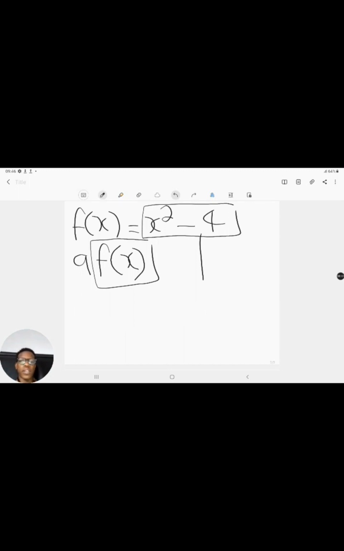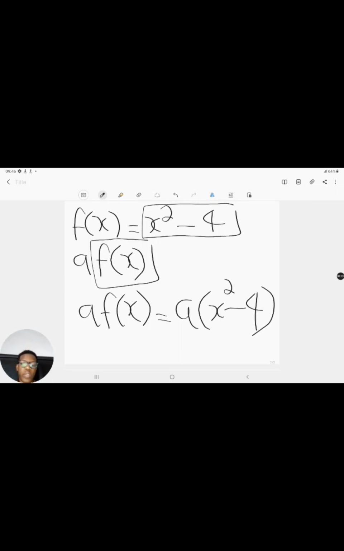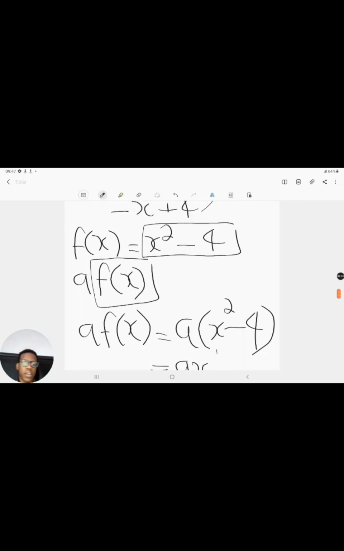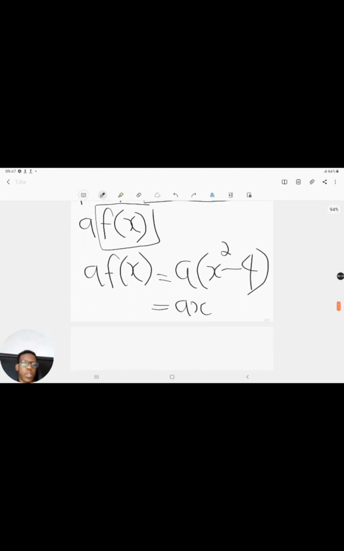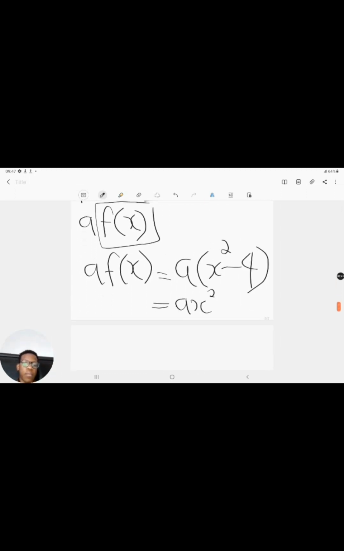That's all this means. So a f of x is equal to a times everything that makes up f of x. You can stop here, or you can simplify it further: you've got a x squared minus 4a.